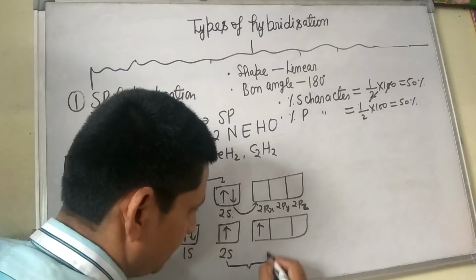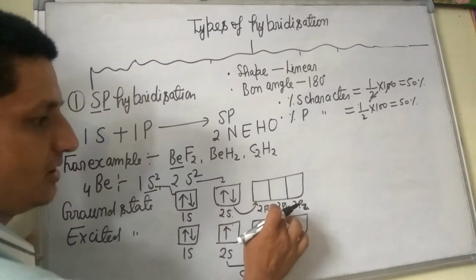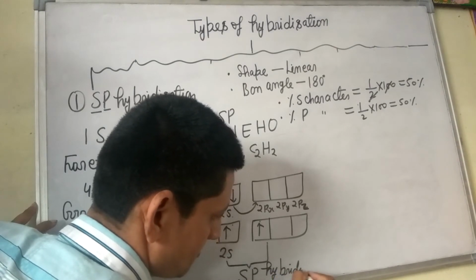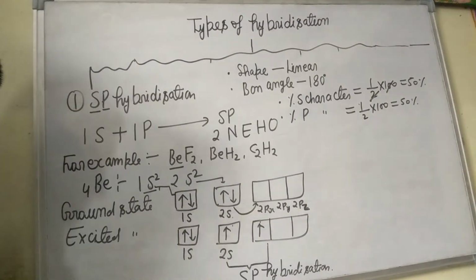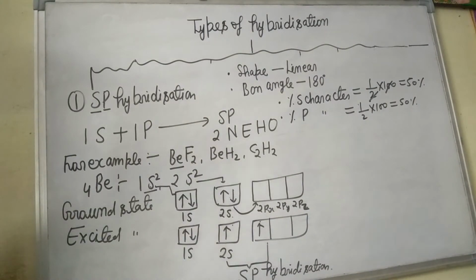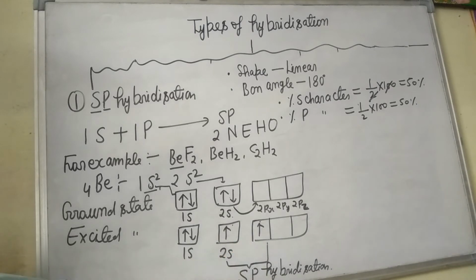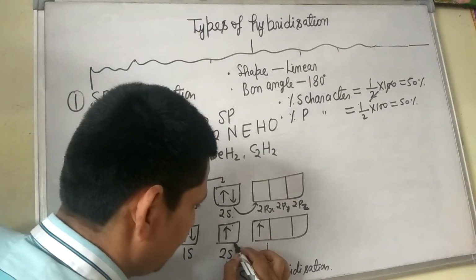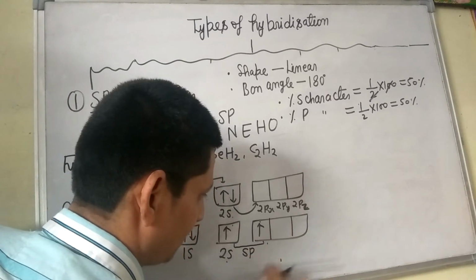So 1s orbital and 1p orbital combine to form sp hybridization. Okay students, sp hybridization is clear.